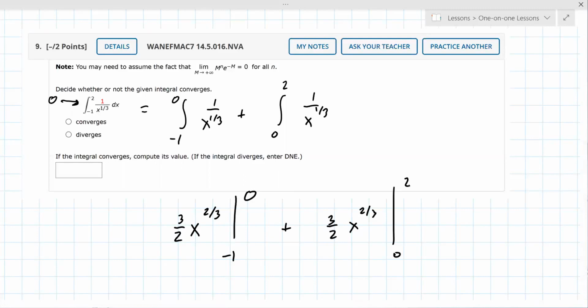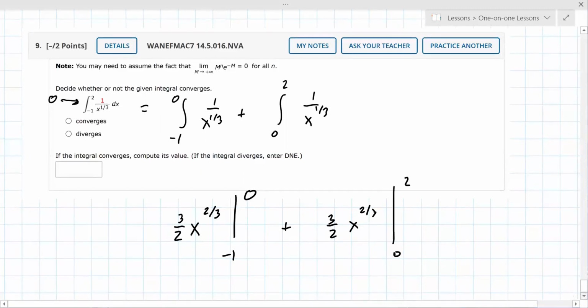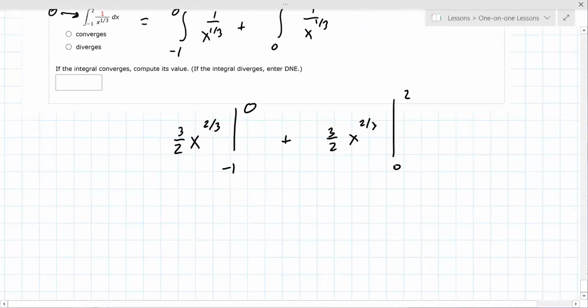It doesn't look real nice. So on this side, at the 0, it becomes nothing. So it becomes 0 minus 3/2 times minus 1 to the 2/3 power, which is the cube root of minus 1 squared.